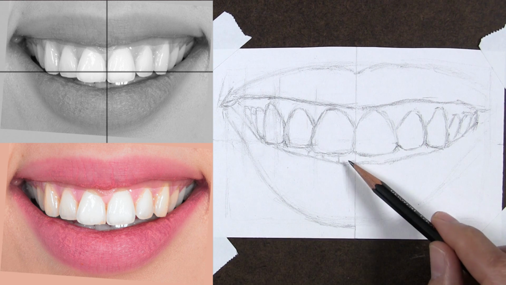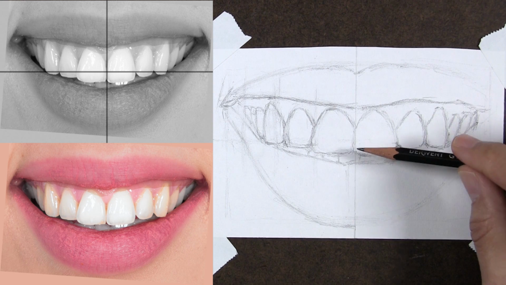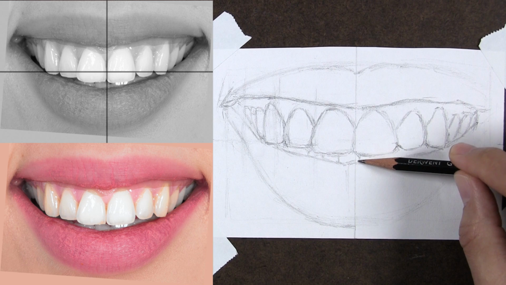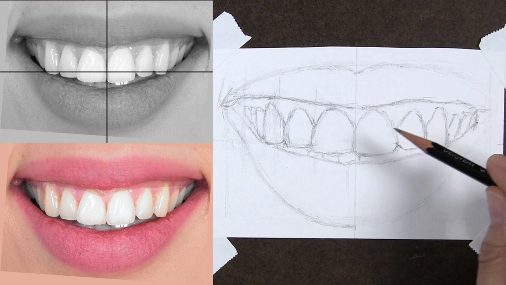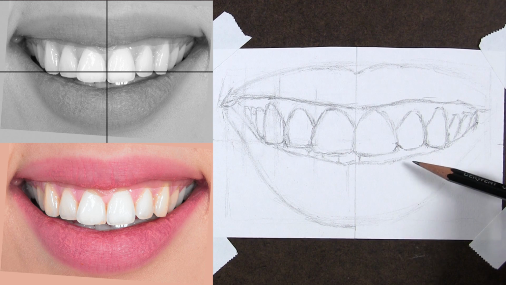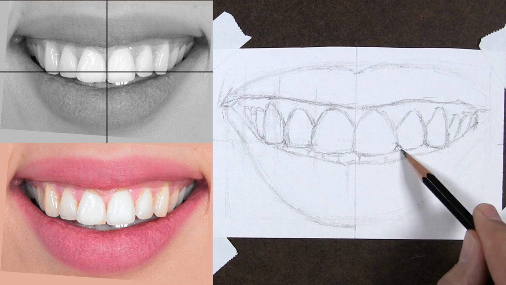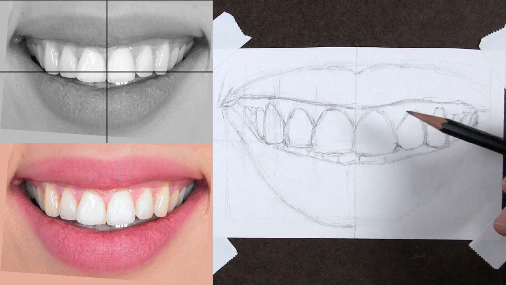All right, so now that we have that, we could go ahead and look at the teeth that are tucked under those upper teeth. Okay, we see some highlights here, so we don't necessarily see all the edges of the teeth.